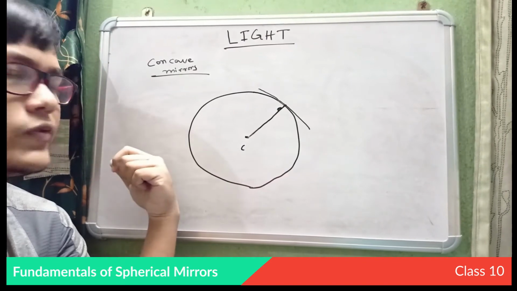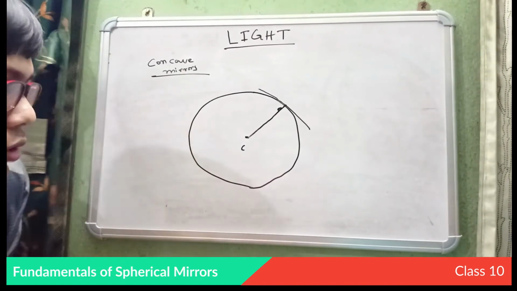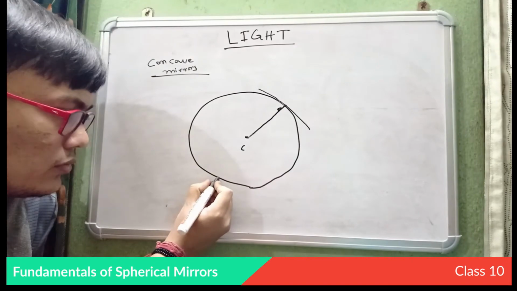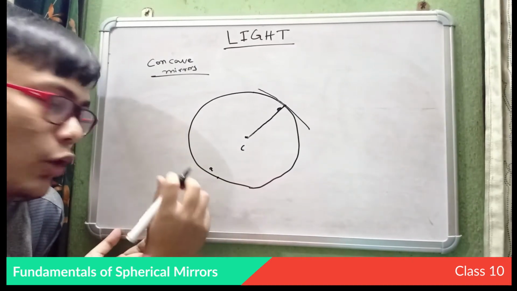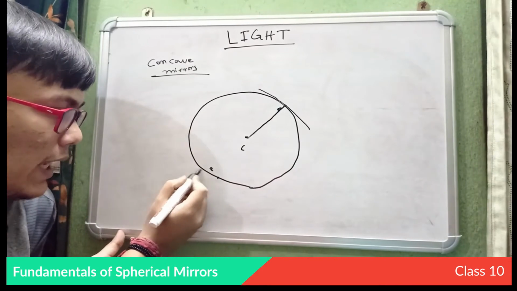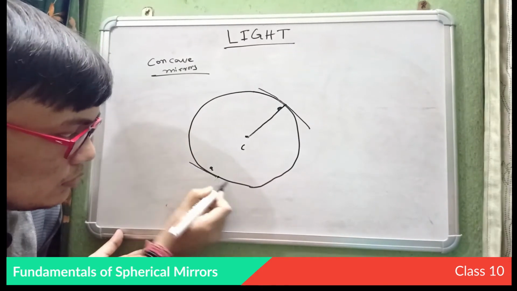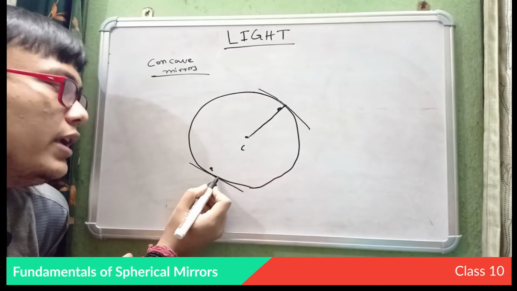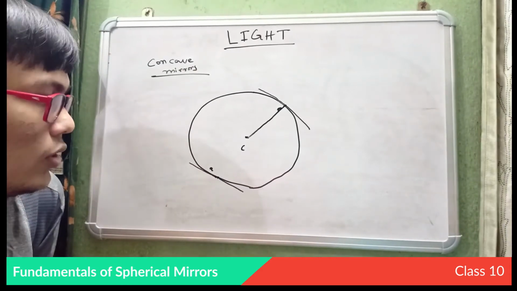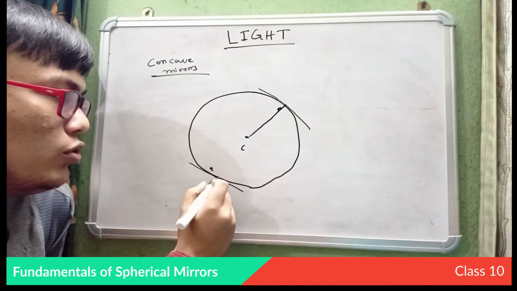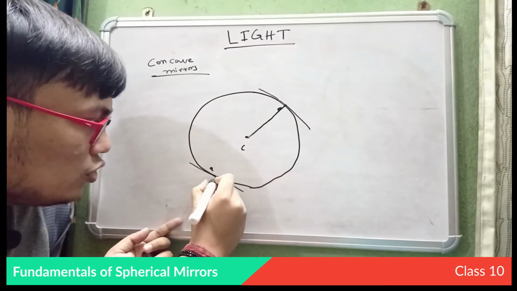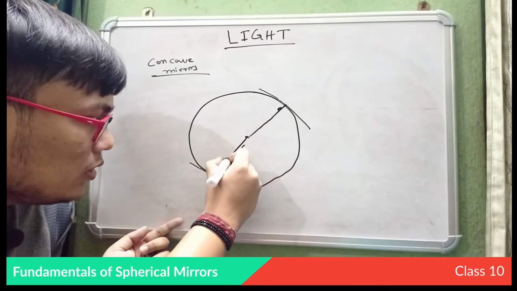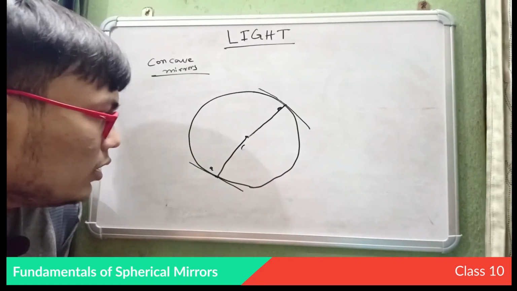Okay, so let's take another random point, let's take this point Q. Similarly, to draw a normal at point Q, we need to first draw the tangent to this point where it only touches at this point. Now it is again easy to draw the normal based on this tangent, because it should be a straight line.